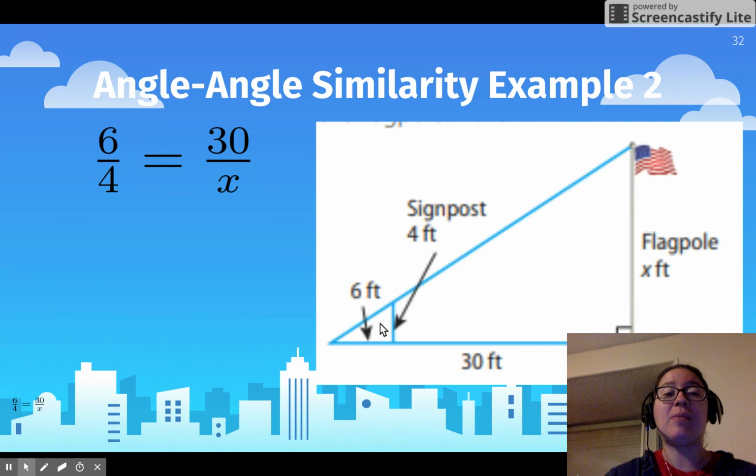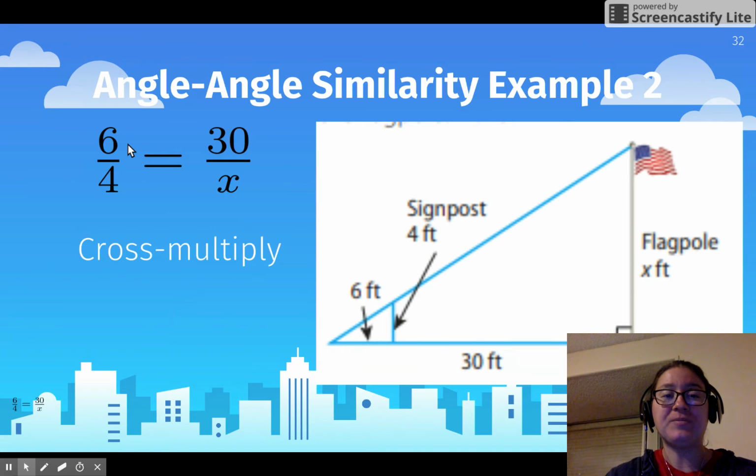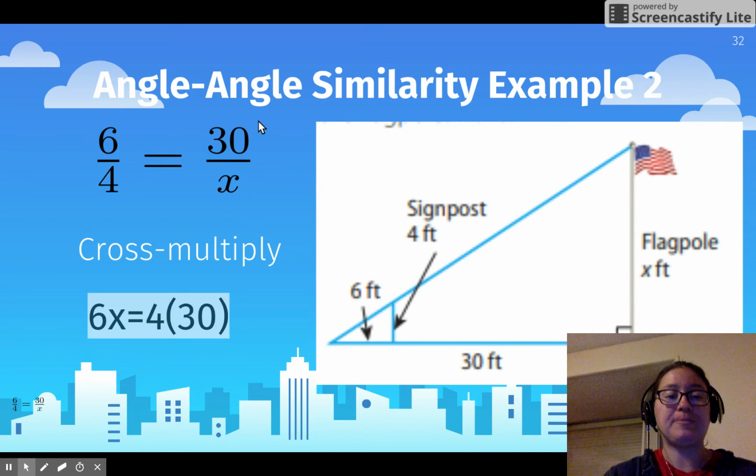So I'm going to set up a proportion. 6, which is the shadow, over 4, the signpost, is equal to the shadow, 30, over the flagpole, which is x. And when we have a proportion, which is two ratios that are equal to one another, you can solve by cross multiplying. So 6 times x and 4 times 30.